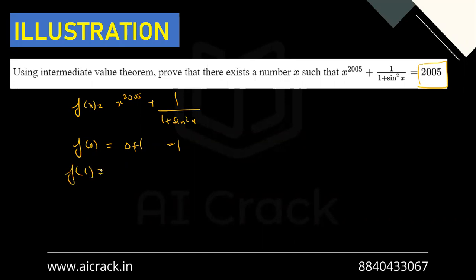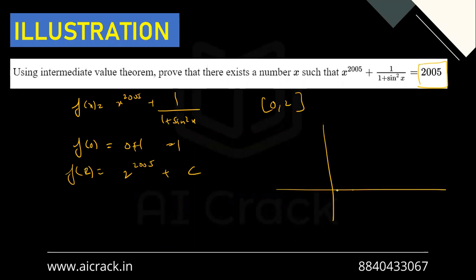Now if I try to find f(1), I can clearly see that this is again less than 2005. So I'll write f(2) over here. That would be 2 raised to power 2005 plus some constant value, let's say c, right? So we got the point that this is greater than 2005. So we have got 2 points, 0 comma 2. This is the range.